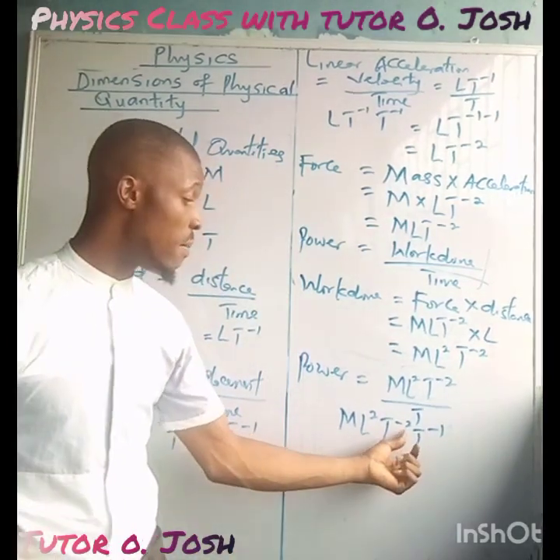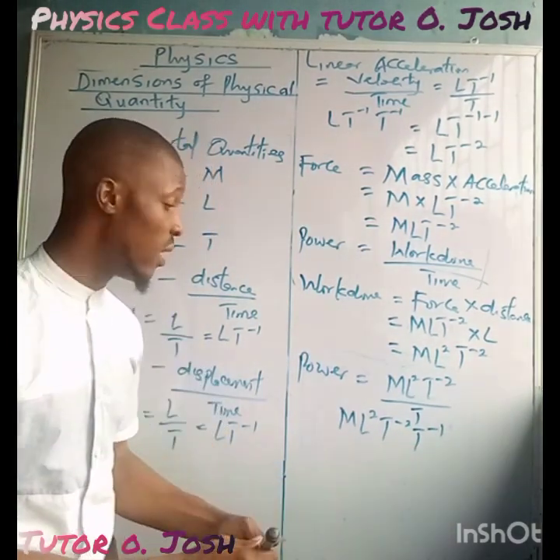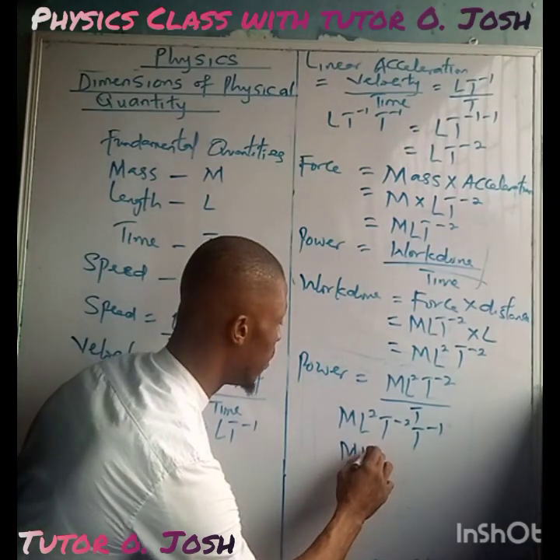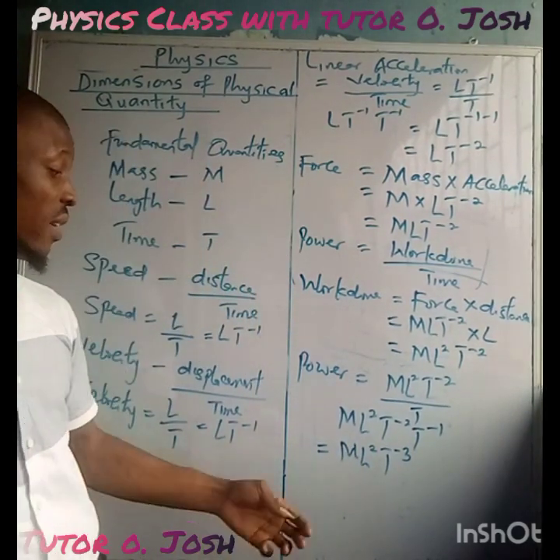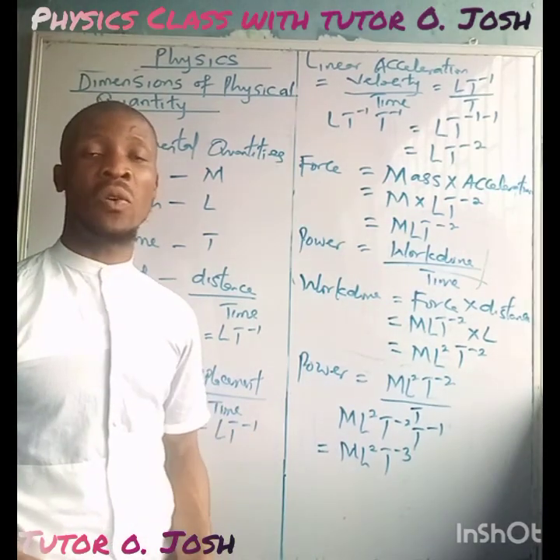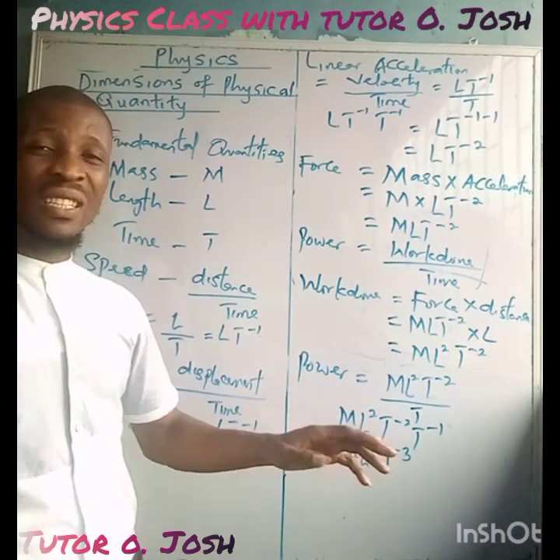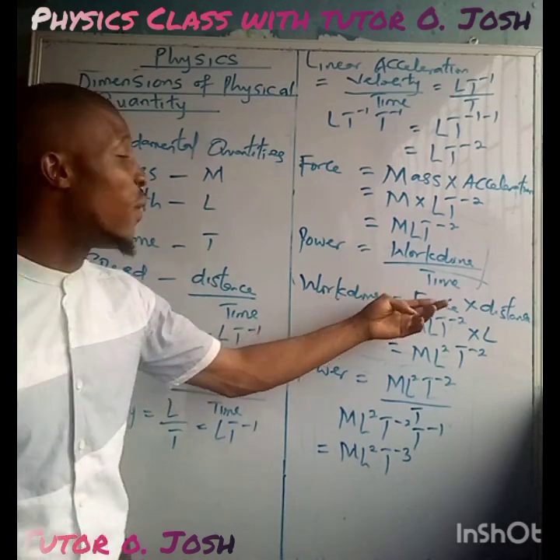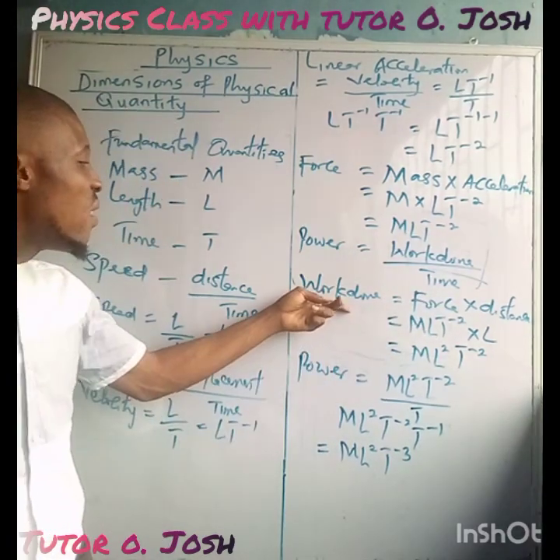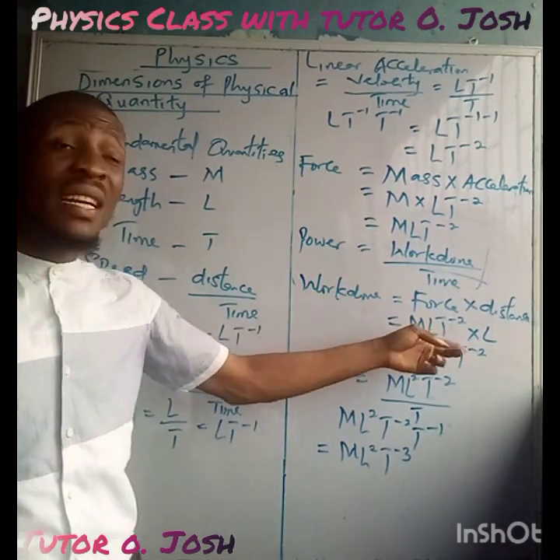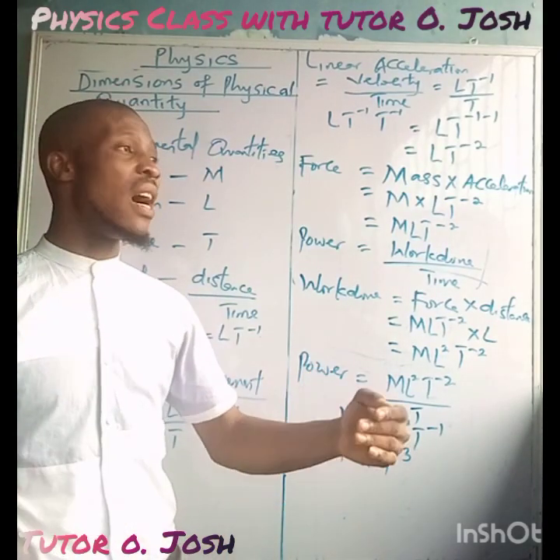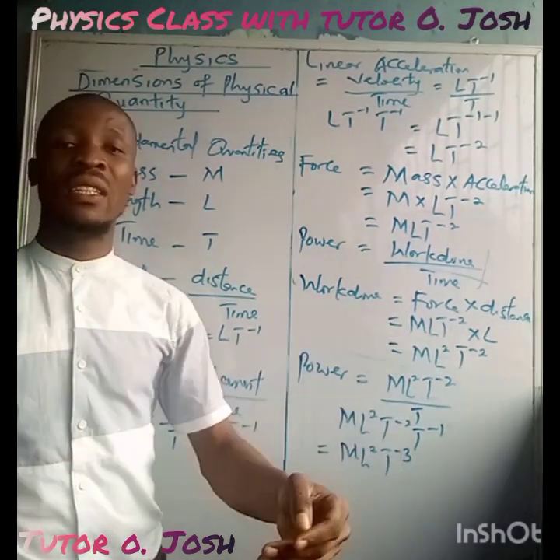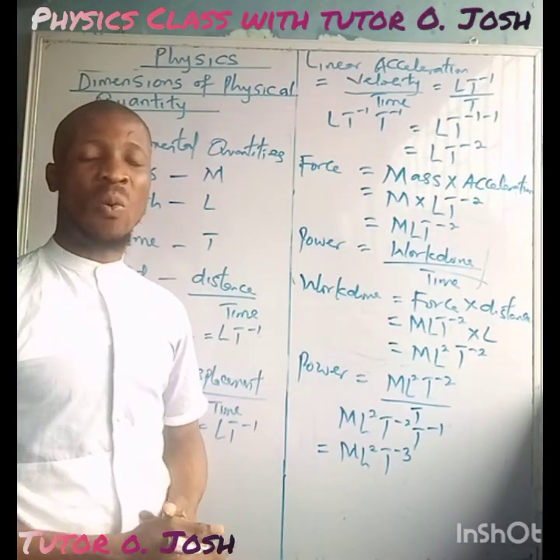On combining minus 2 and minus 1 because they have the same base, this gives us ML^2T^-3. So the dimension of power is ML^2T^-3. You can see how simple this is. Once you can get the formula of the quantity, then we can derive its dimension. Do not forget, dimension is just how these are related to fundamental quantities.